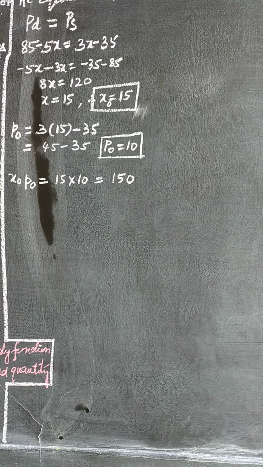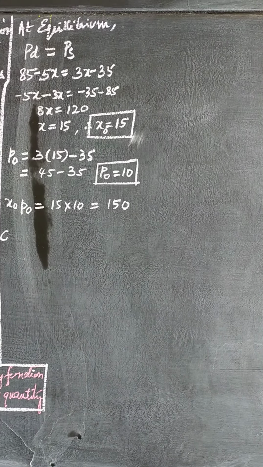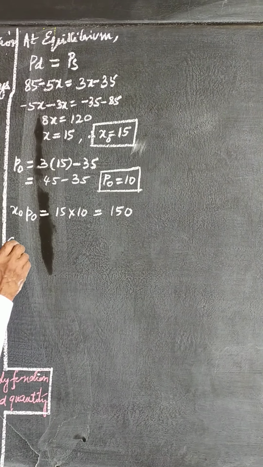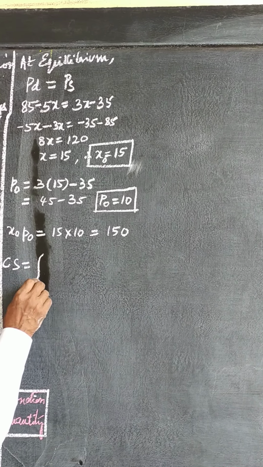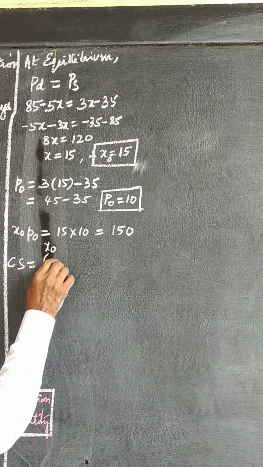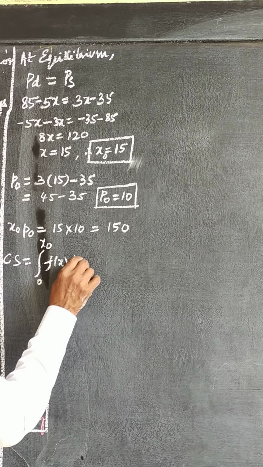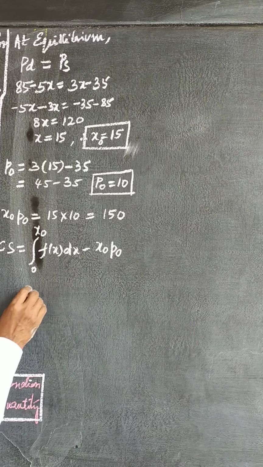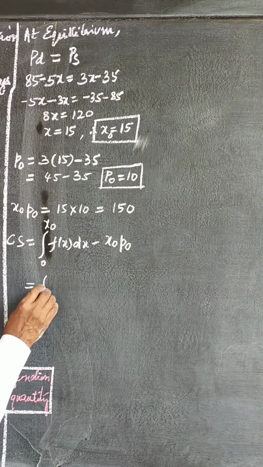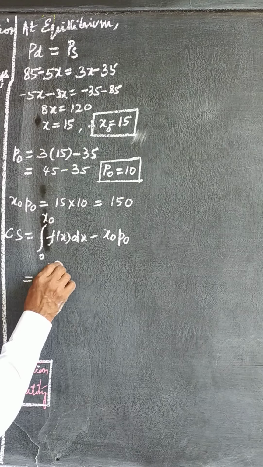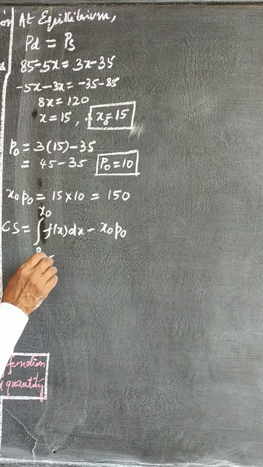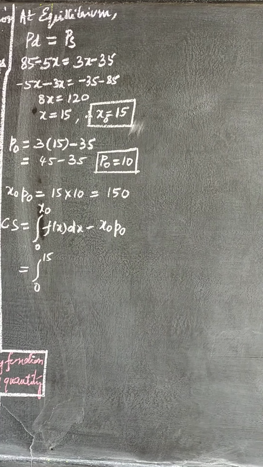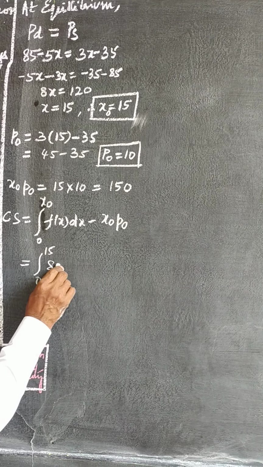150. Now we shall go to CS. You are asked to find out the CS. CS is equal to integral 0 to x naught f(x) dx minus x naught P naught, which is equal to integral 0 to 15 of f(x), that is 85 minus 5x.